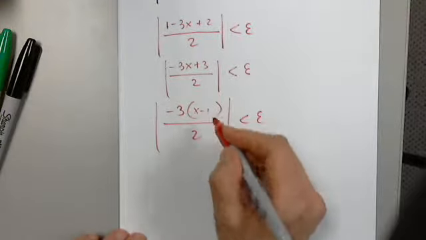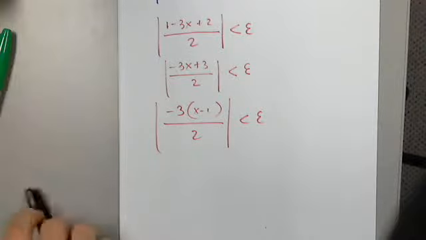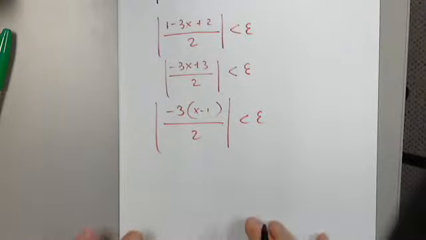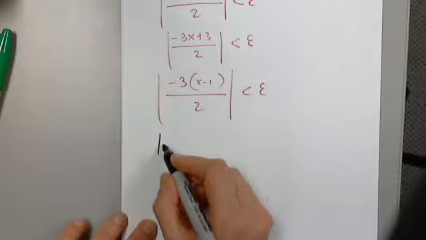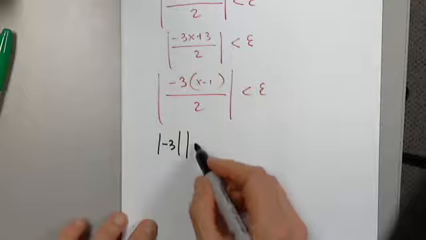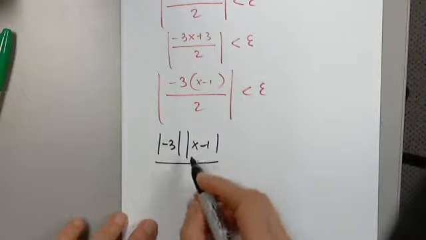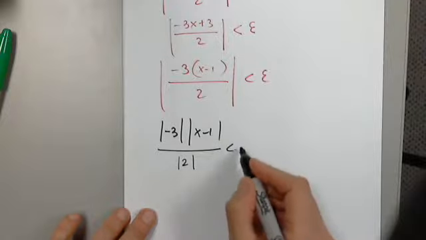Very good. Now I have to use the property. I have to show the property of the absolute value. That says the absolute value of, very good, awesome, the absolute value of, very good, over, very good.